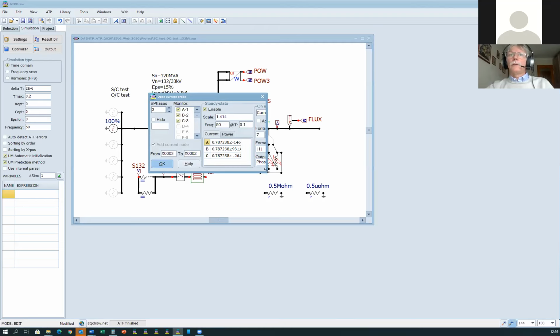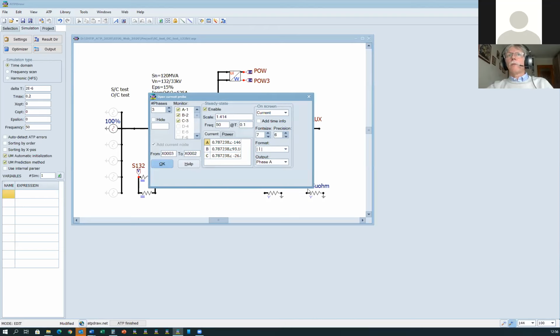During the last session of this webinar series, Professor Hoidalen showed it to you. There is a steady state enable checkbox. So you can display the currents, the absolute value of the currents.